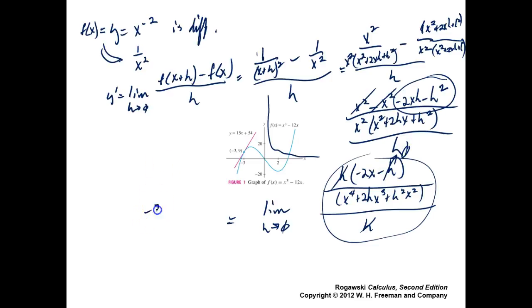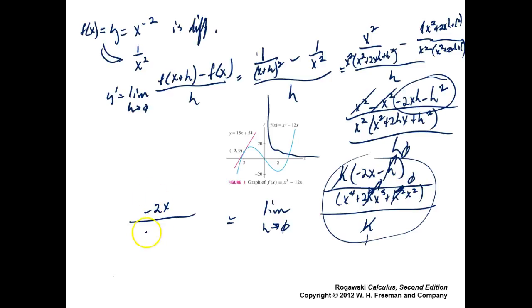You're left with a negative 2x, don't you? That's all, folks, okay? And how about this denominator, the h is gone, so it's a 1. So what happens to this one as h goes to 0? This goes to 0. That goes to 0.